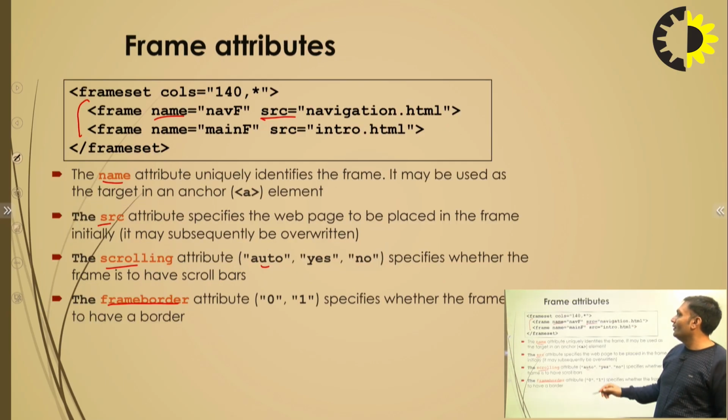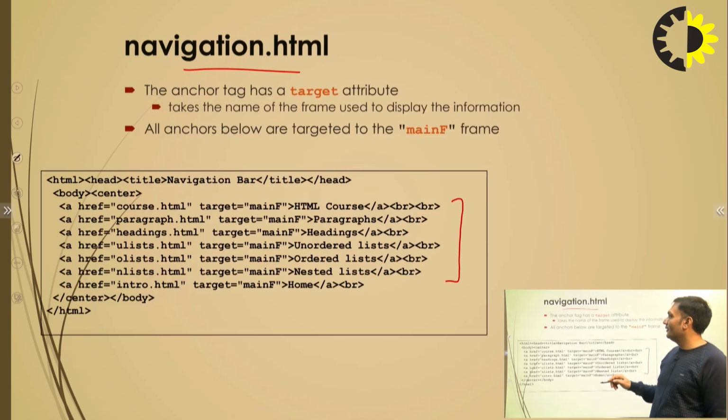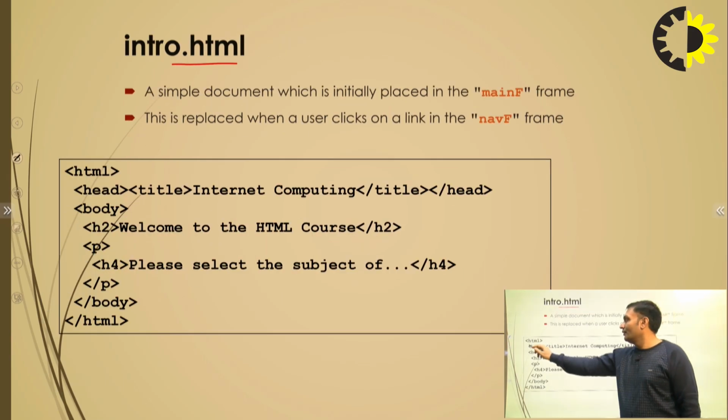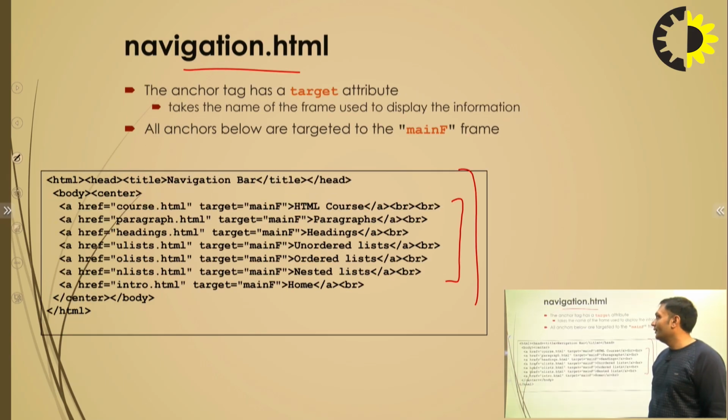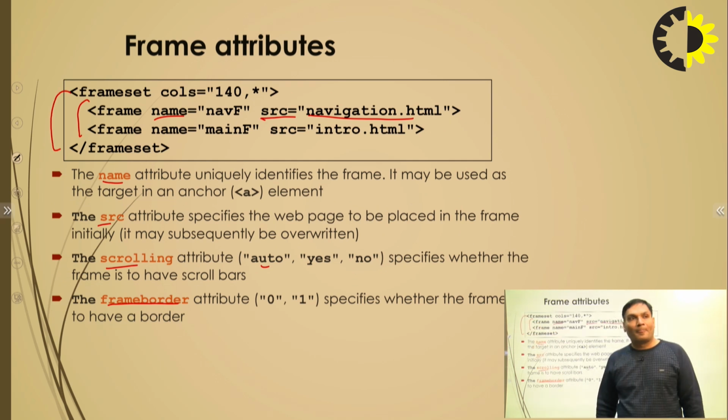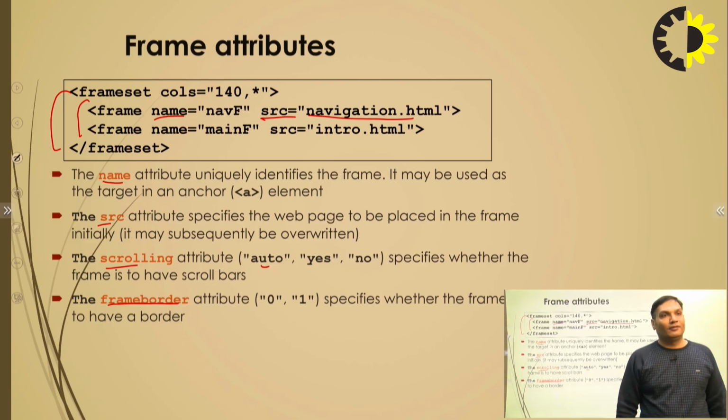One file is navigation.html that is written here, and another file is intro.html that is written here, and these are the 2 files that come inside a single frame set. So in this way, this frame set works.